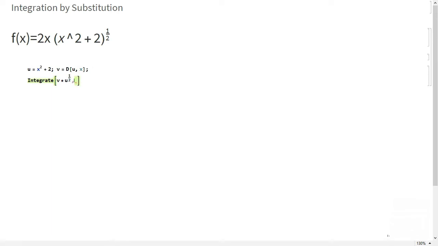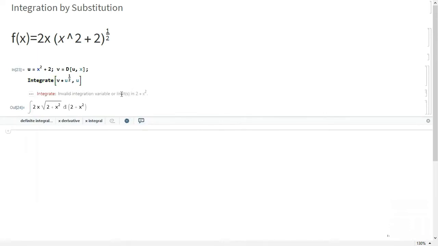The tricky part is that if you write u right now, that is, you want to integrate with respect to u, let me show you what happens. It will say invalid integration variable or limits in 2 plus x squared. Why is this happening? Because we have already stored x squared plus 2 in u and the derivative of it in v.